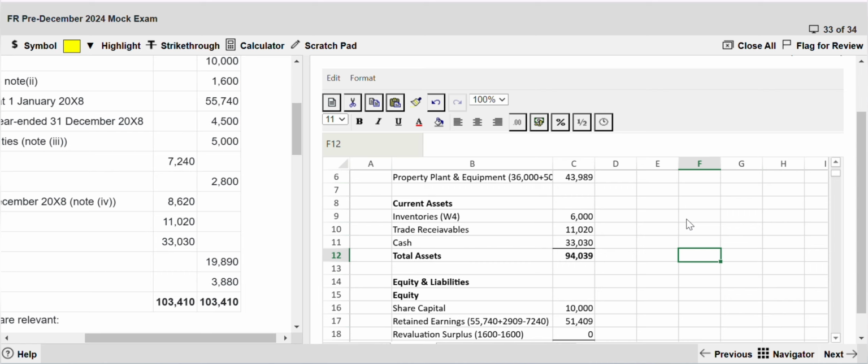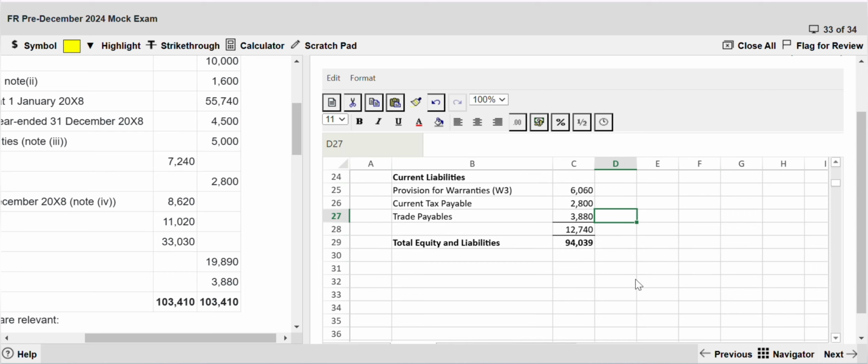Okay? So I did some formatting, right? And the total assets are matching our total equity and liabilities as well. Okay.